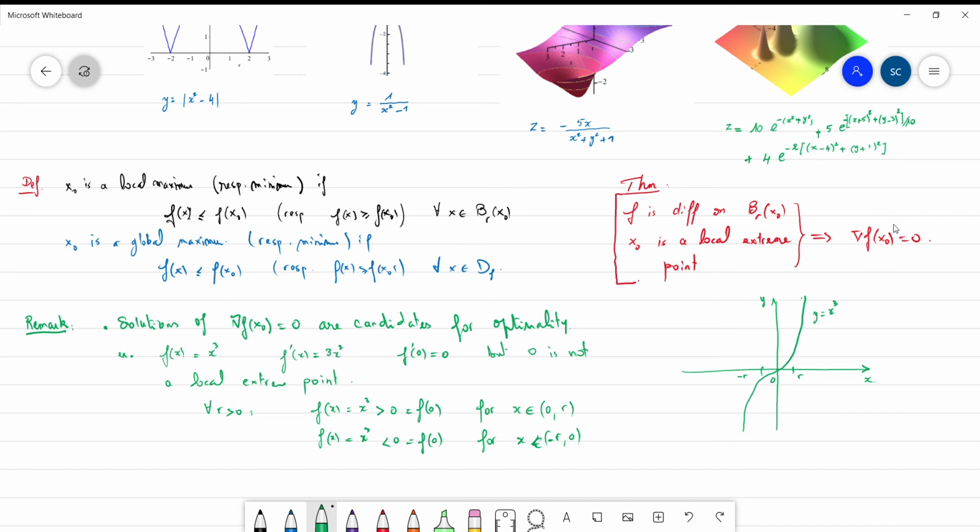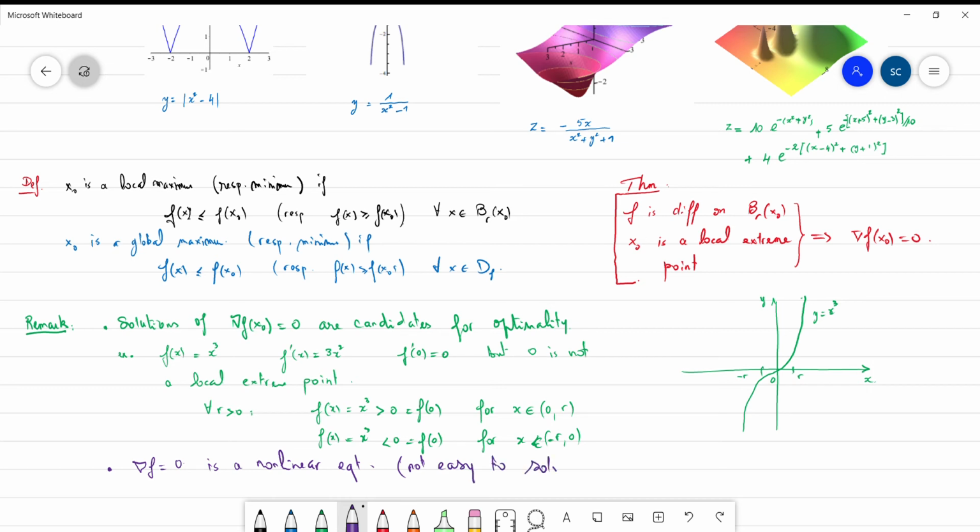The second remark is that if the candidate solution of an equation like gradient f equals 0 is a nonlinear vectorial equation, it's not always easy to solve.